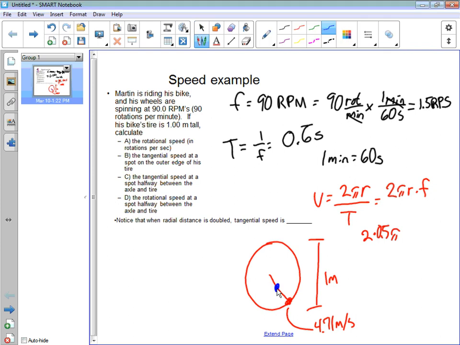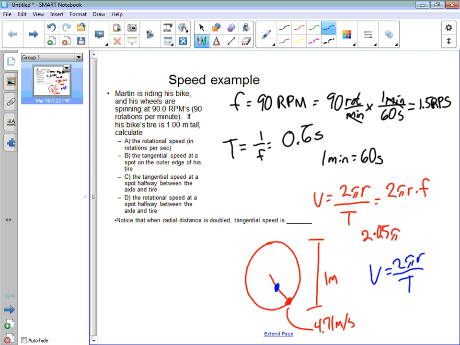We can use the exact same equation and the exact same information as before, except our radius is going to be smaller. Instead of half a meter, the radius is going to be 0.25 meters.